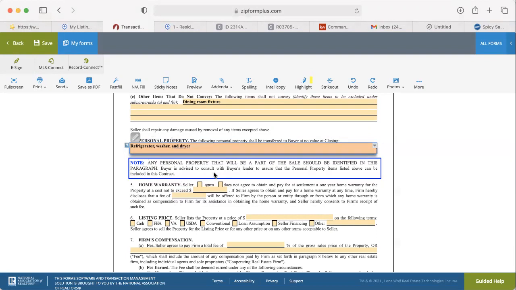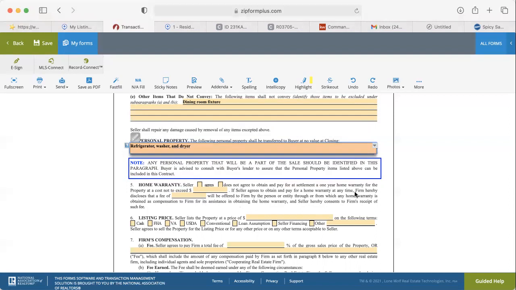Buyer is advised to consult with buyer's lender to assure that personal property items listed above can be included in the contract. So if the buyer is getting financing and they're including all of the furnishings and the towels and the sheets, those things should probably not be listed here under personal property. You would probably need a separate bill of sale.